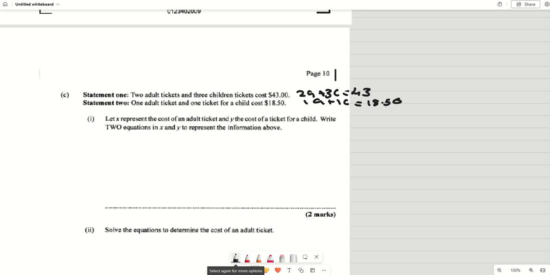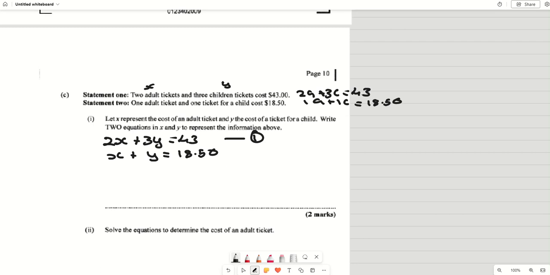So wherever we saw A, you're going to put X, and where we see children, you're going to put Y. So it will be 2x plus 3y is equals to 43, and x plus y is equals to 1850. And that would be your two equations. This is equation 1 and equation 2.